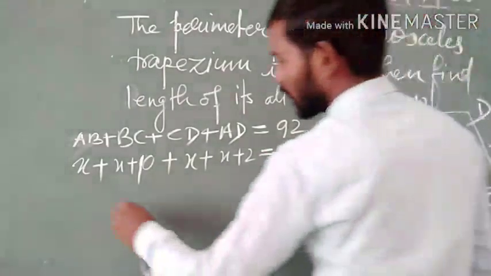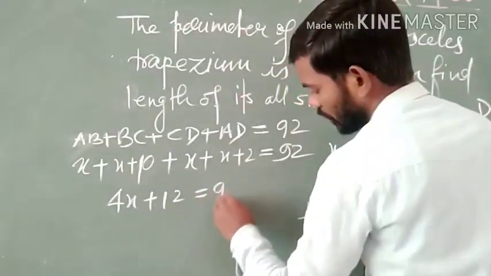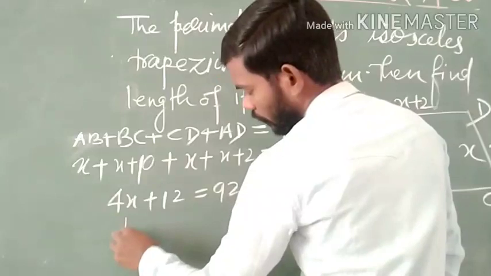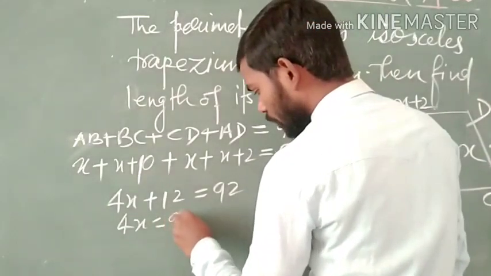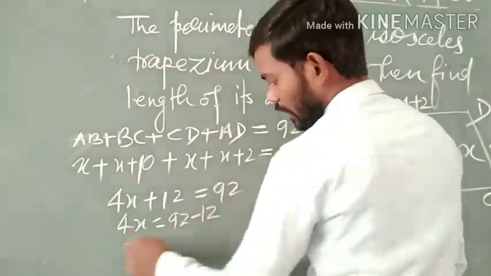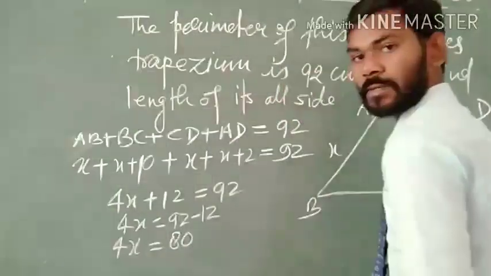After solving, we get 4x plus 12 is equal to 92, or 4x is equal to 92 minus 12, and here we get 4x is equal to 80.